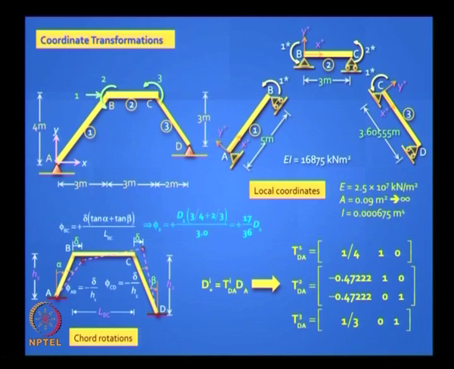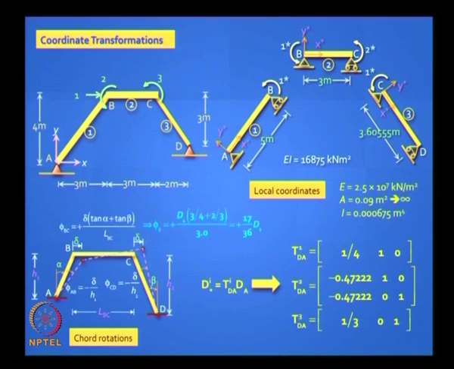The same is true for element 3, so you get 1 by 3 because the height is 3 meters. As far as element 2 is concerned, it is 27 by 36, right?